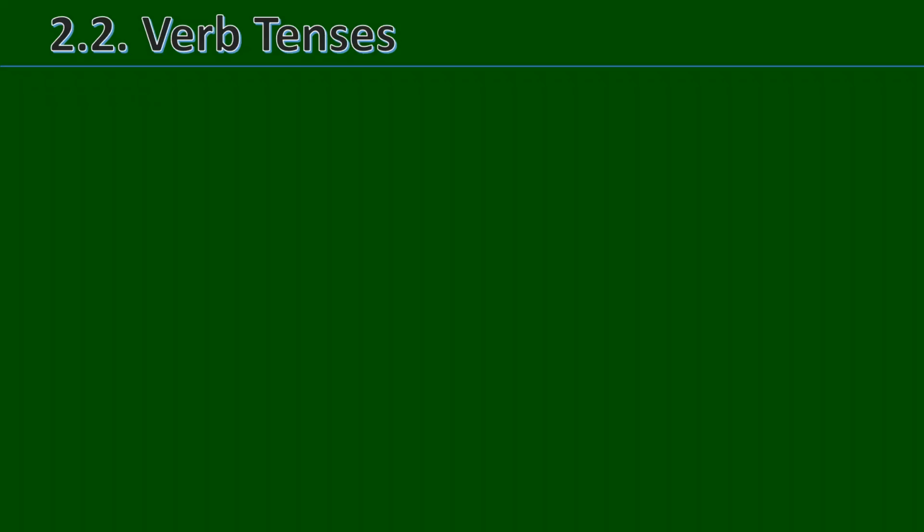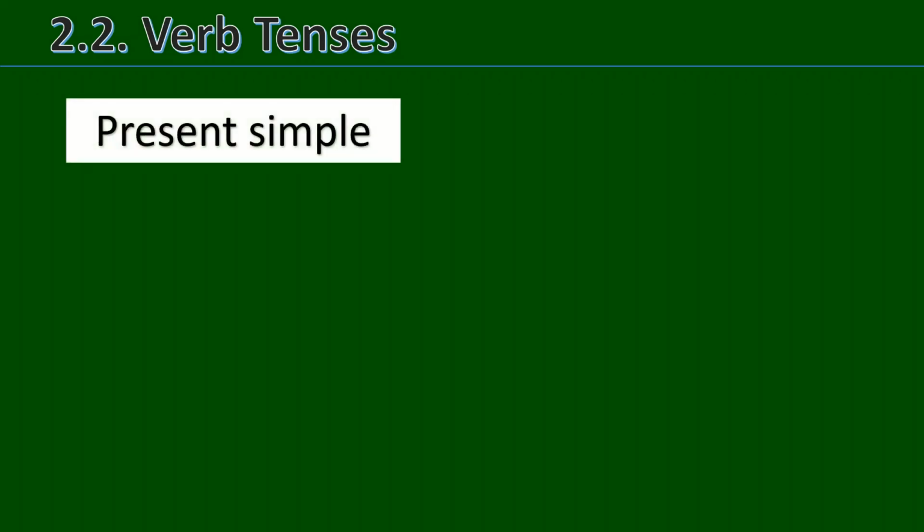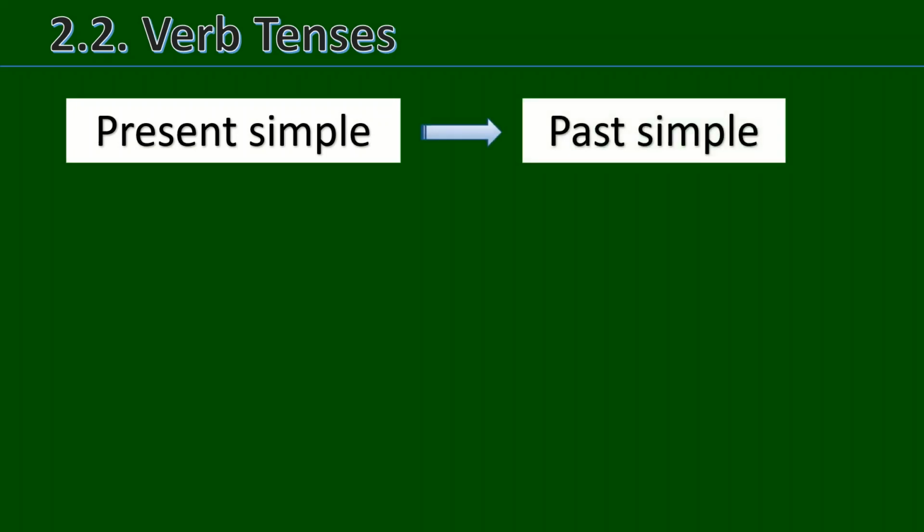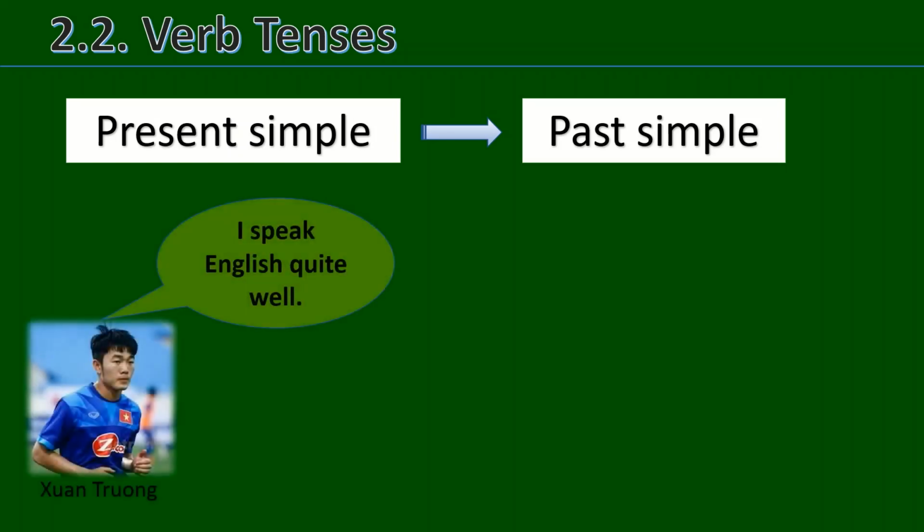How about verb tenses? In indirect reported speech, we have to move backward one tense. For example, present simple, we have to change to past simple. For example, I speak English quite well, Xuân Trường said.